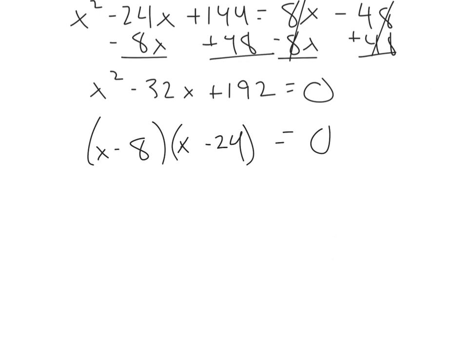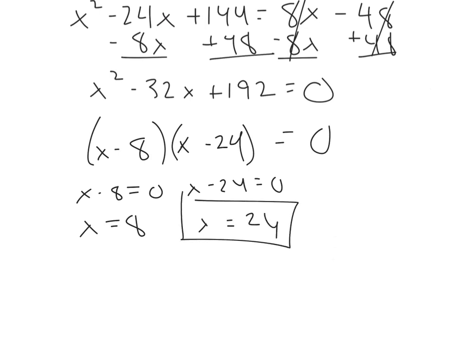We're going to use the zero product property here. So x minus 8 equals 0, x minus 24 equals 0. So x equals 8, x equals 24 are my two answers. Am I done here? Nope. Got to go ahead and check for extraneous solutions.